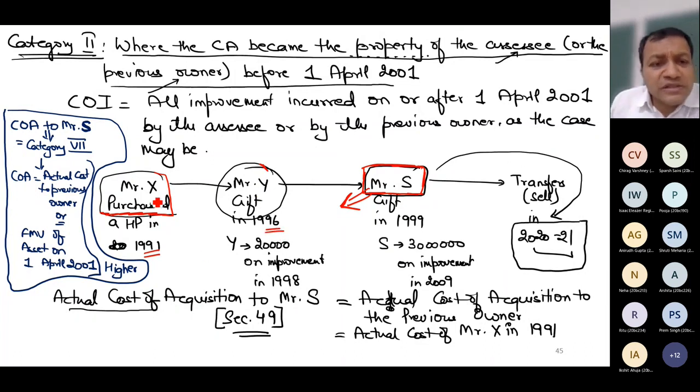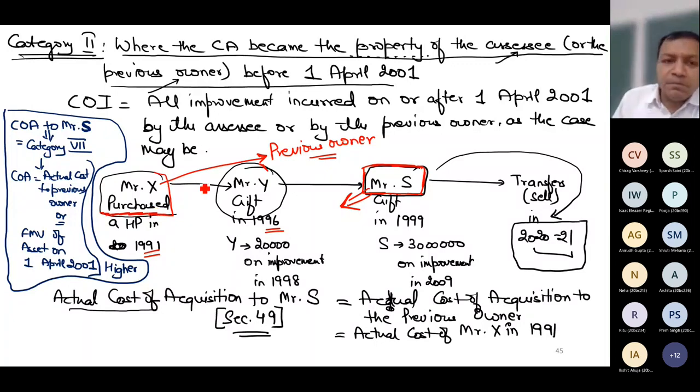Now in my case, who is the previous owner? Mr. S. Because he purchased it. He is the actual previous owner. Between Mr. S and Mr. X, the property changed one more hand, Y. But he also got it free.